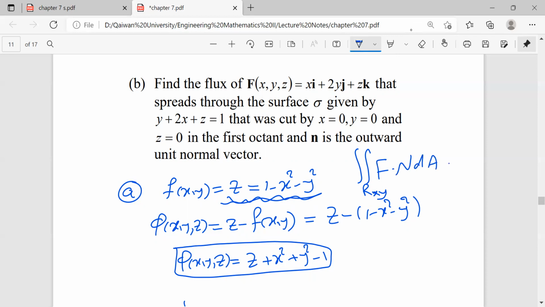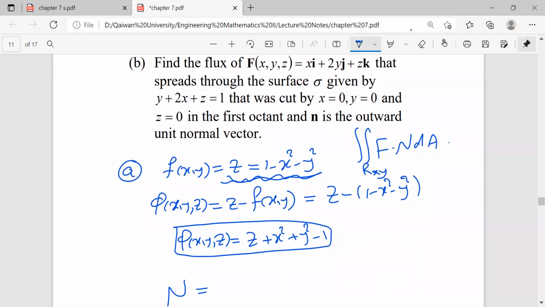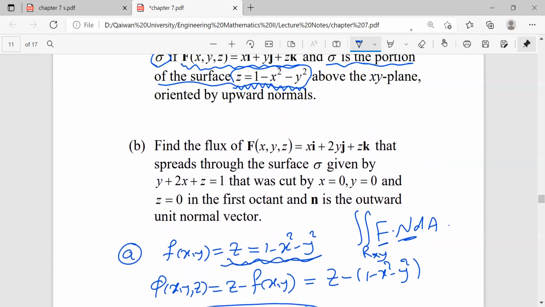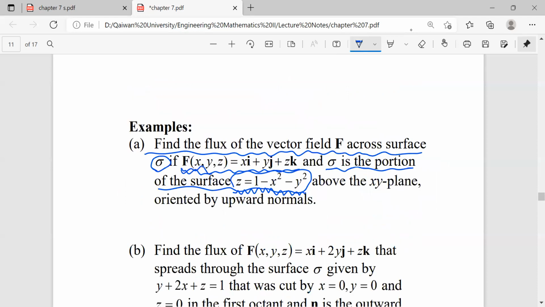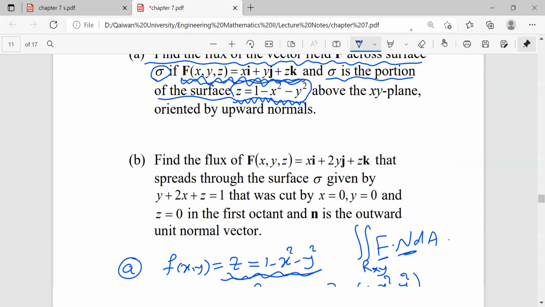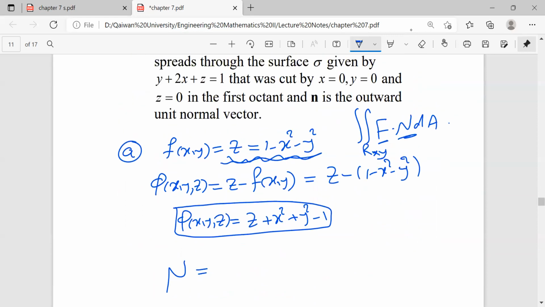Here we just find the double integration over the projection of the surface, and the projection is on the xy plane because z equals a function of xy. Here we should find n. F is given in the example. F is the vector field, and n is the gradient of phi.